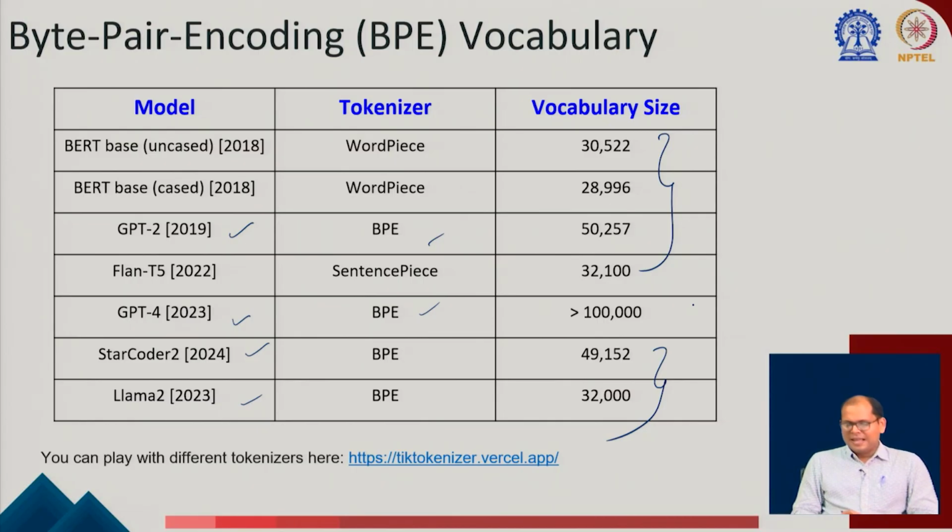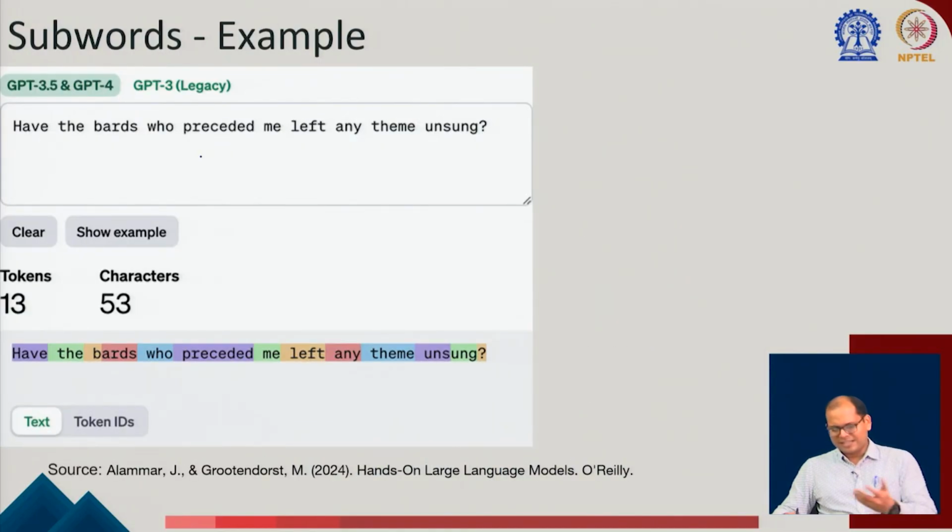And if you want, you can play with different tokenizers on this particular app. You can try different tokenizers on a given sentence and see the output. You also see variations like cased and uncased versions of BERT. In one of these you retain the original case, and in the other you lowercase everything.